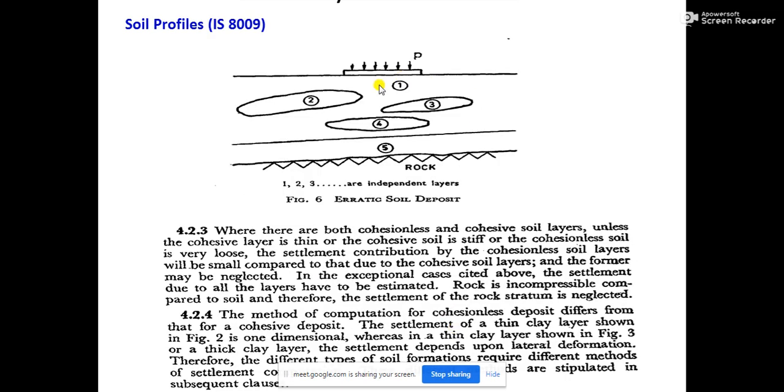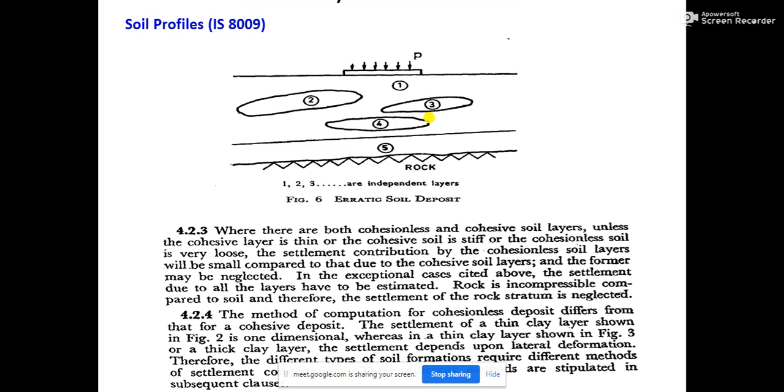Whereas in the case of an erratic soil deposit, this soil layer 1 is present over here, present somewhere here, and somewhere here. Then in between this soil layer 1, there is some portion of soil having some other property, and some portion having some other property, like 3. This kind of soil layer is termed an erratic soil deposit, and such soil is very difficult to analyze for settlement purposes.